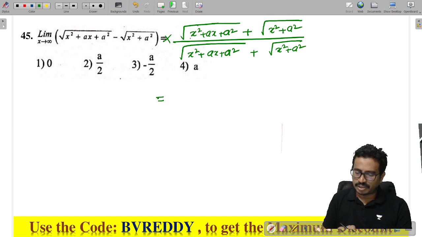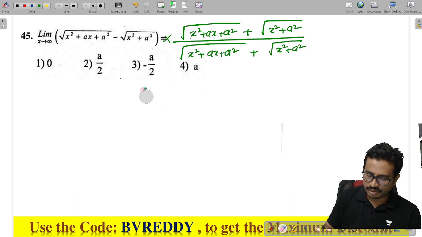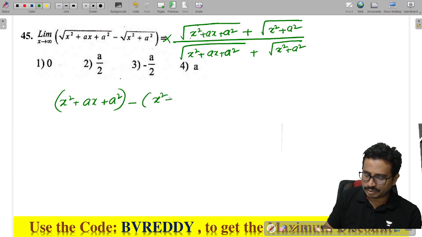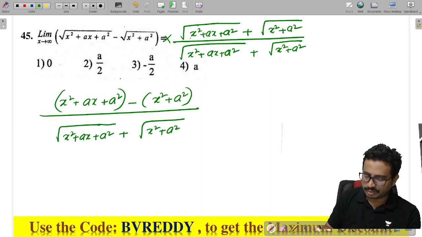And if we multiply it, so what I will get, you tell me now here. So if we multiply this thing here, so what I will get now here, this is x square plus ax plus a square minus x square plus a square by, so square root of x square plus ax plus a square plus square root of x square plus a square.